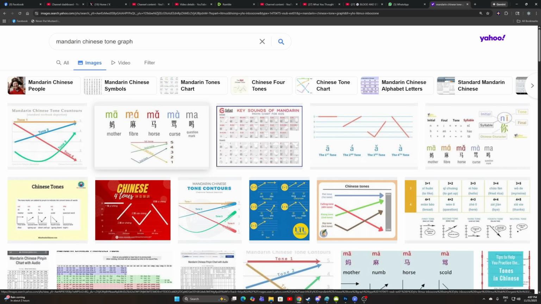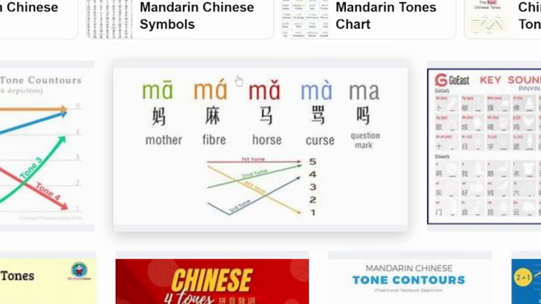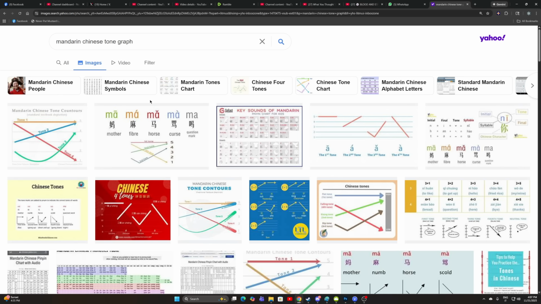Second, the 2nd tone that we see here, ma, is usually the easiest one in my opinion, because it's kind of like as if you were asking a question. Ma? It's not a question though in Chinese in this case, because it's just the tone of the word. So for instance, a word such as cha.